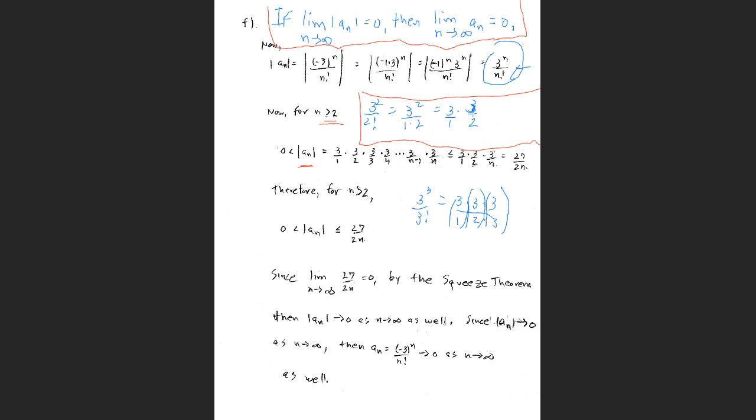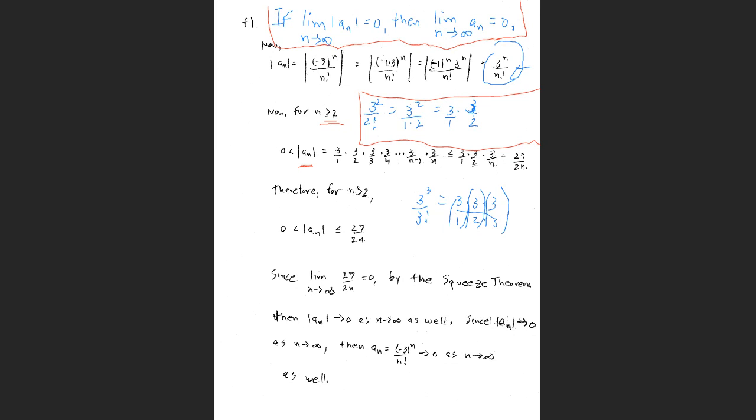So the general pattern is you can expand 3^n over n factorial like this.